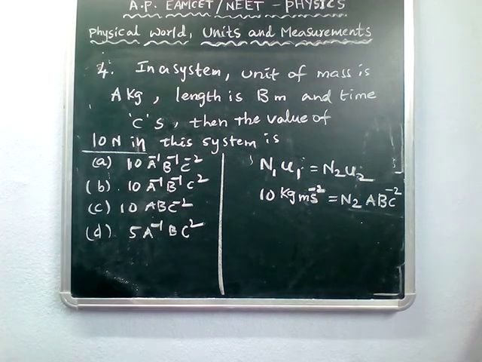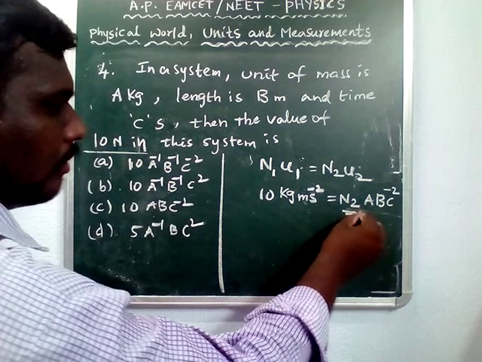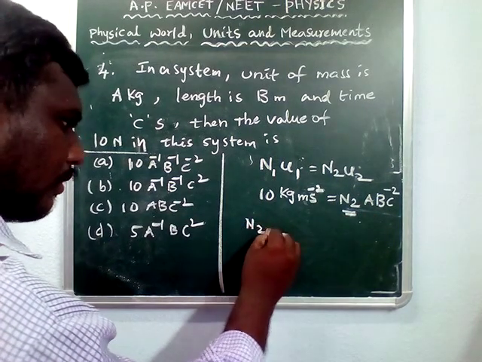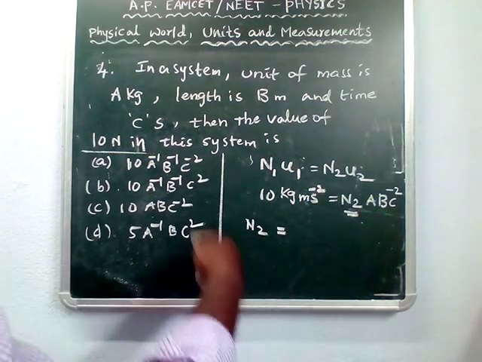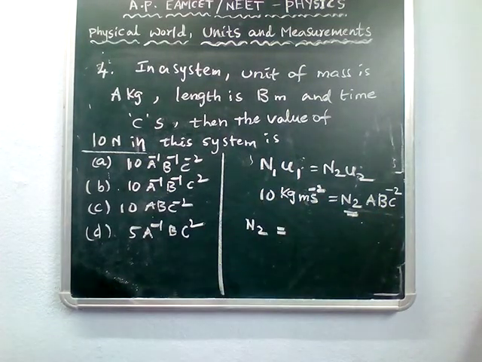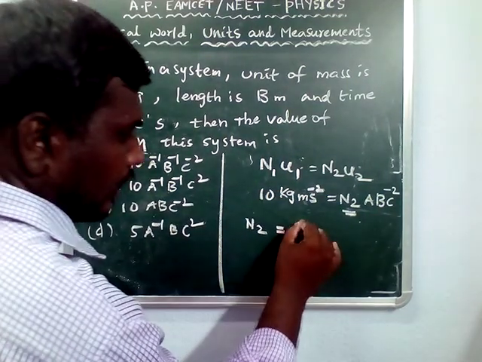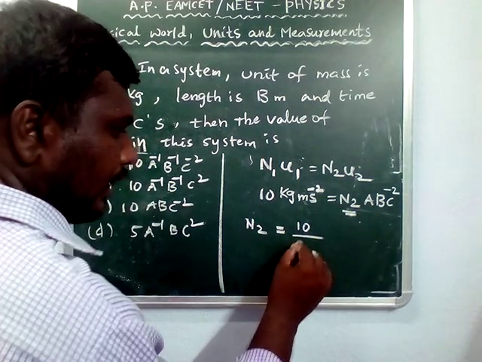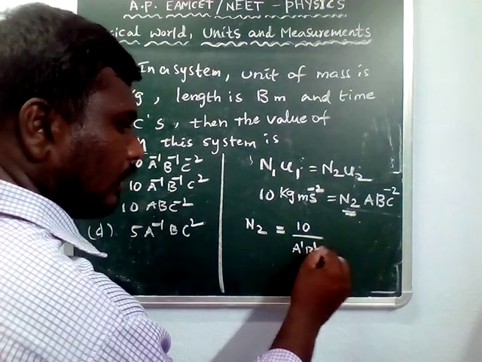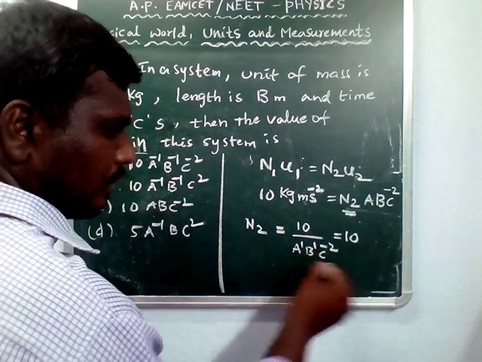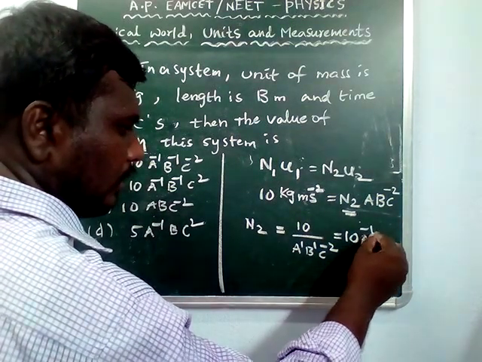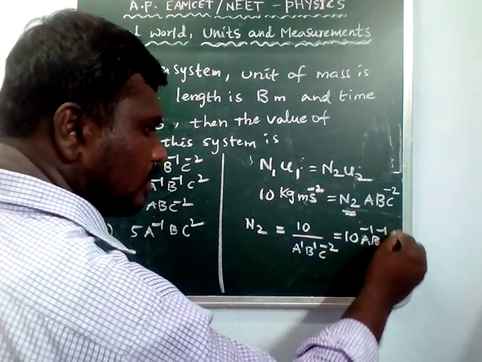So n2 is the unknown value. n2 is equal to 10 times a power 1, b power 1, c power minus 2. Taking the reciprocal, it will be a inverse 1, b inverse 1, c square.